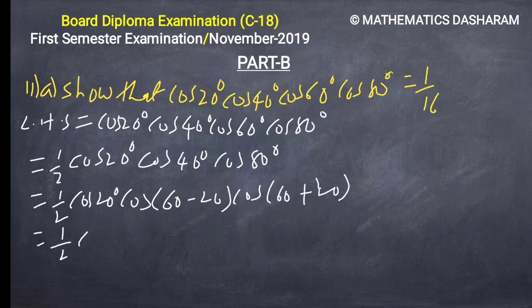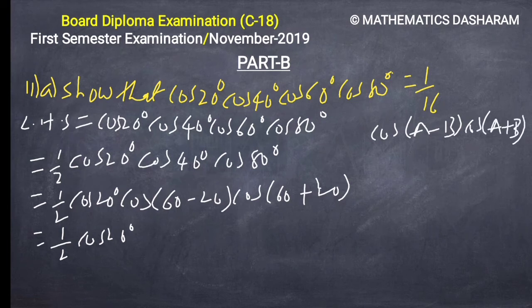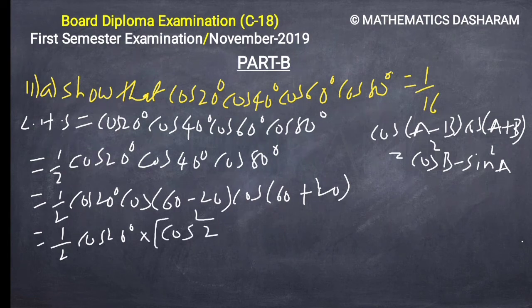So 1 by 2 into cos 20. Here we can apply one formula, that is cos(A minus B) into cos(A plus B) equals cos square B minus sin square A. So then take the bracket here: cos square B means cos square 20, minus sin square A means sin 60 degrees.